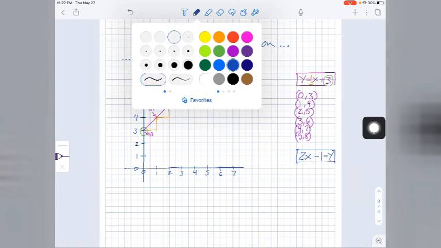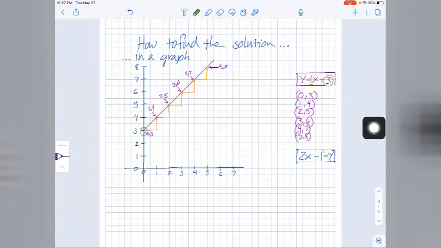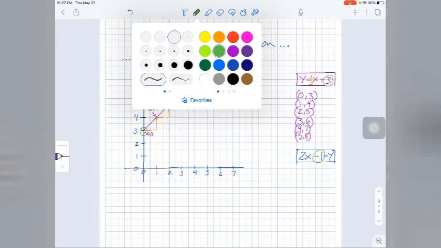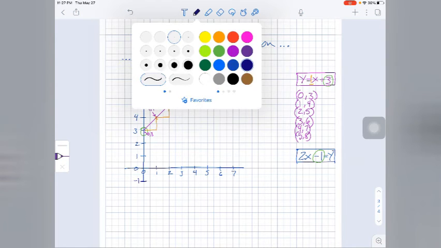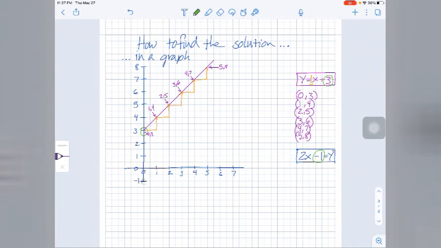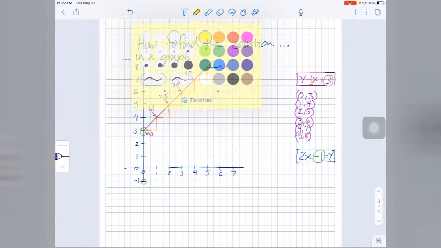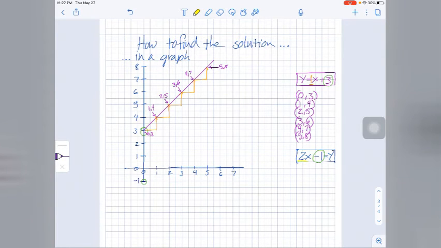I know that this is going to start at minus 1. Oops, I didn't even draw my minus 1 on here. Minus 1 goes down here, negative 1. So my starting point for this one is negative 1. And as I go up, I know that it's increasing by 2 every time. So as this goes over 1, it's going to go up 2.